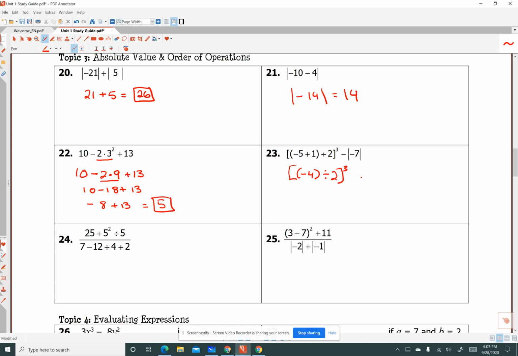All that raised to the power of 3 minus 7. So now we're going to have negative 4 divided by 2 is negative 2, raised to the power of 3 minus 7. Negative 2 to the third power is negative 2 times negative 2 times negative 2, which is negative 8 minus 7, which equals negative 15.